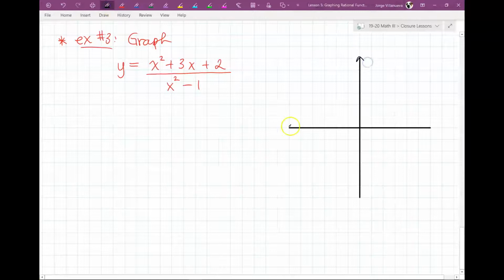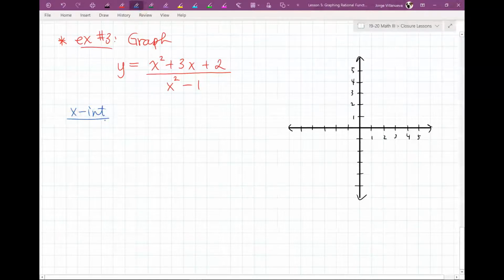And I'll kind of put the little marks on here. So 1, 2, 3, 4, 5. And then we're just going to kind of do the rest of the tick marks here just to make it look nicer. So x-intercept.